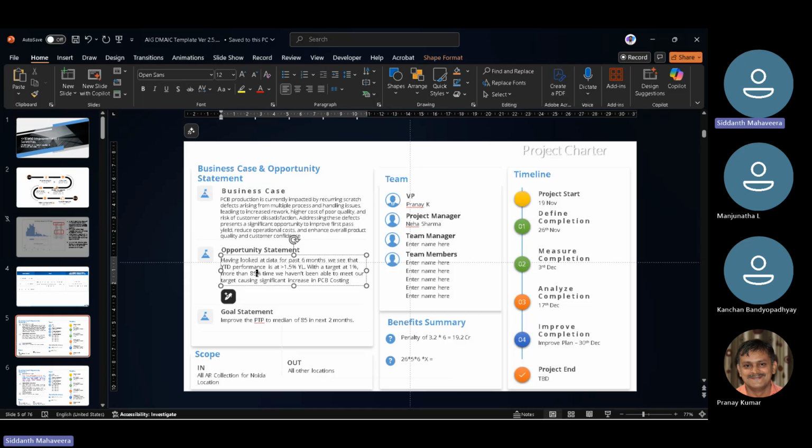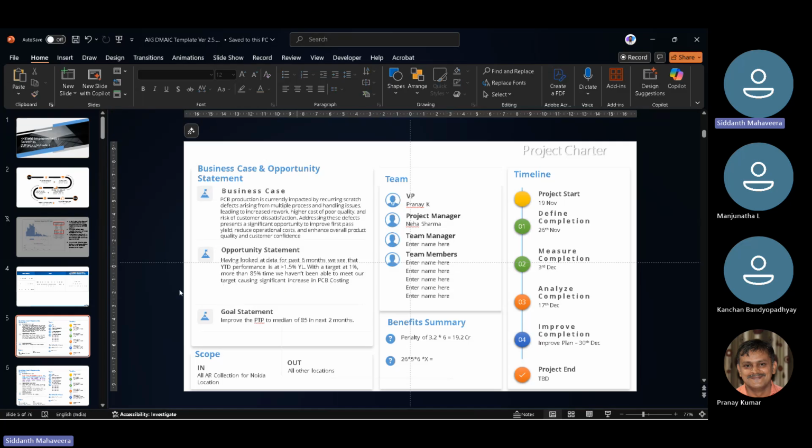More than 85% of the time we haven't been able to meet our target, causing significant increase in PCB costing.